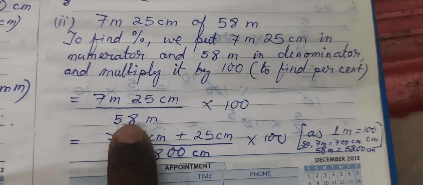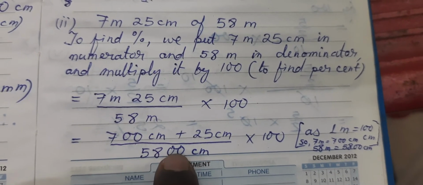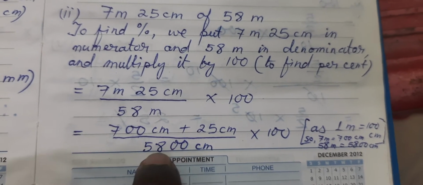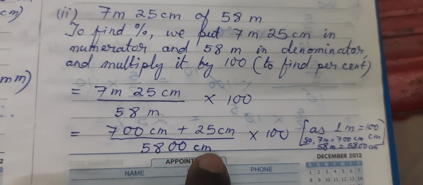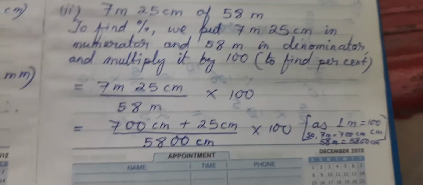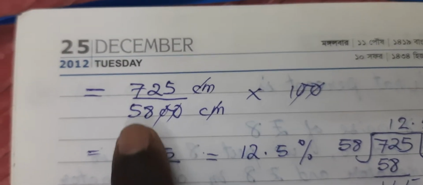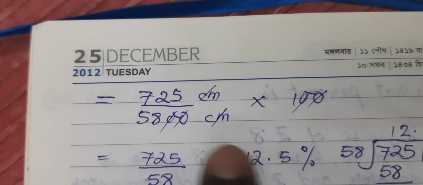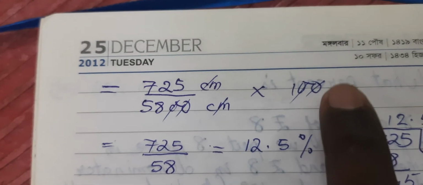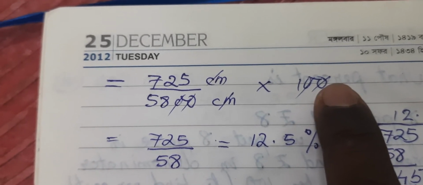And denominator, that 58 meter also will be converted to centimeter. So as 1 meter is 100 centimeters, so 58 meter will be 58 into 100, 5,800 centimeter. So 700 plus 25 is 725 centimeter divided by 5,800 centimeter. That we convert into percentage by multiplying with 100.